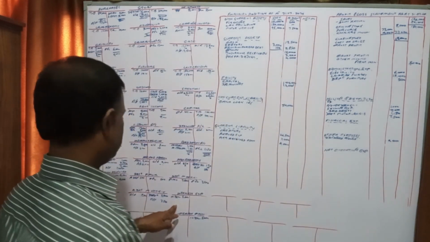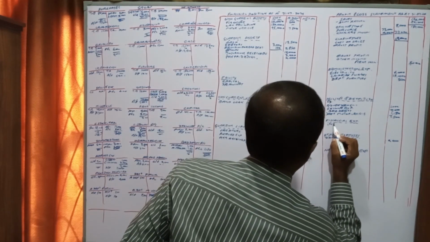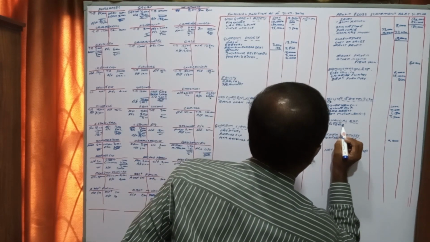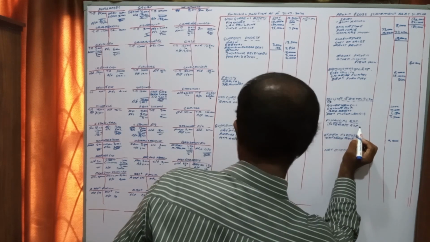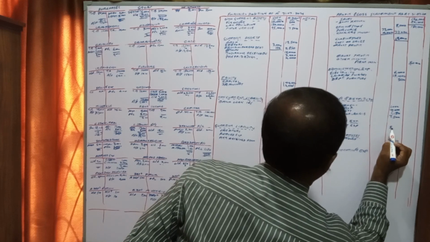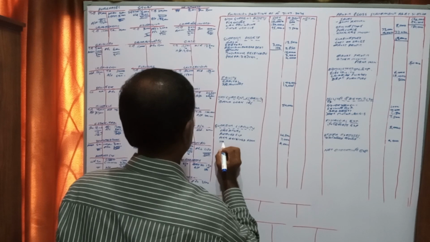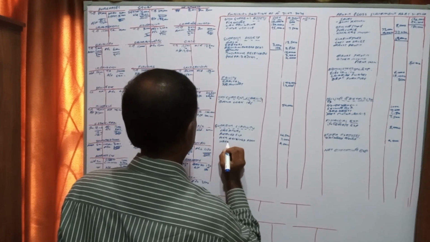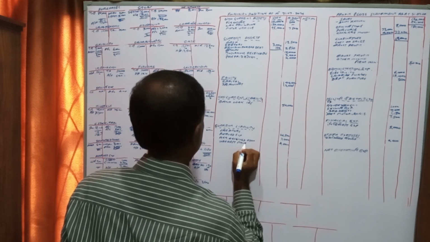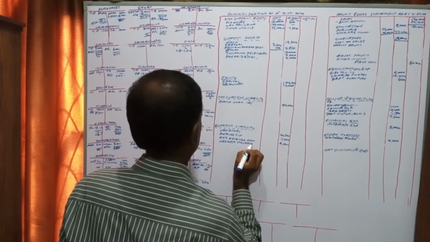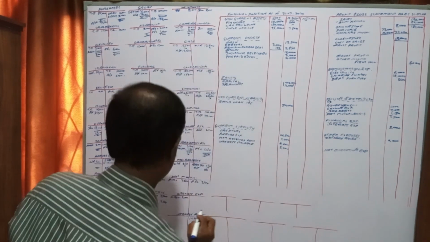And interest expenses. Interest expense, how much? 5,000. Interest payable, 5,000, right?